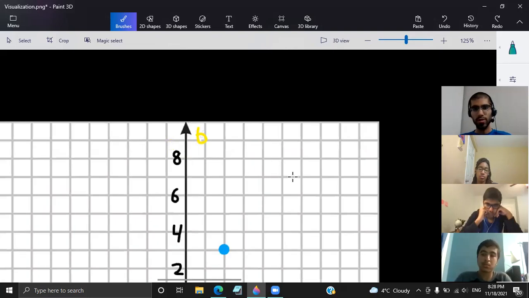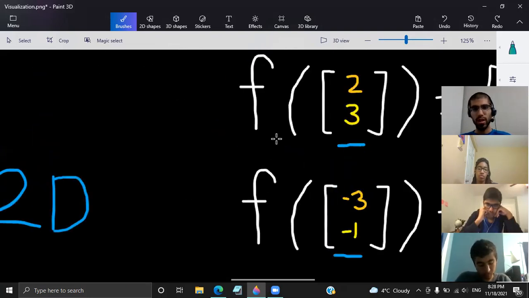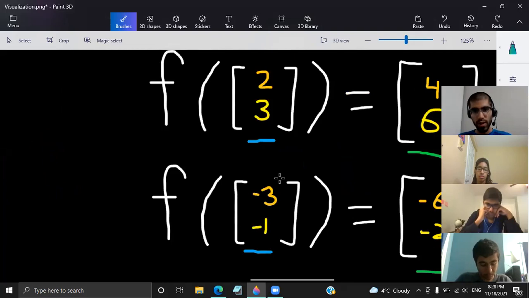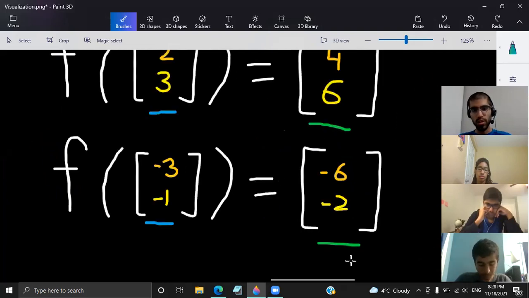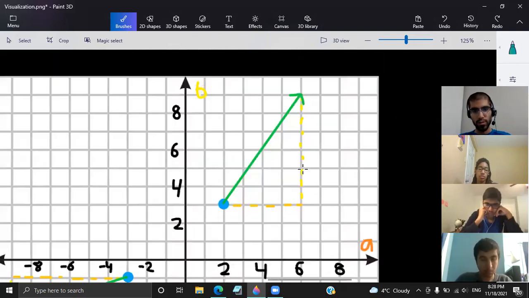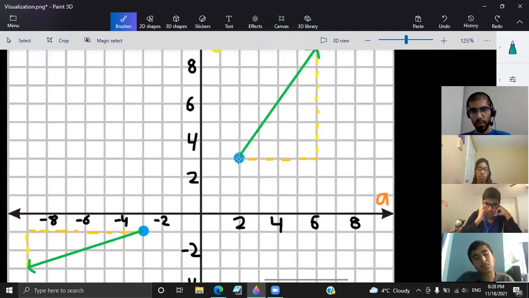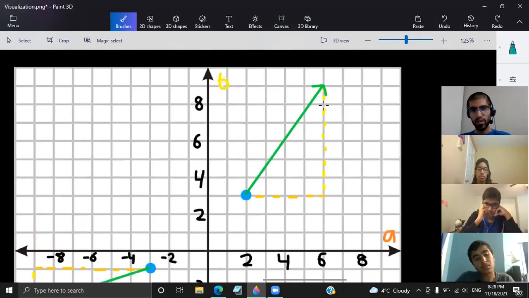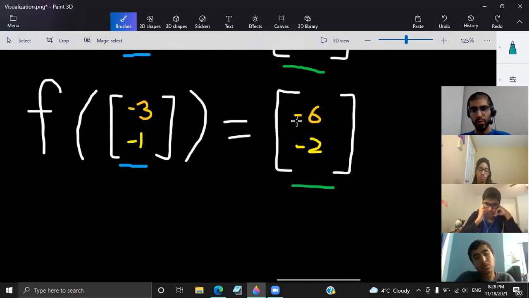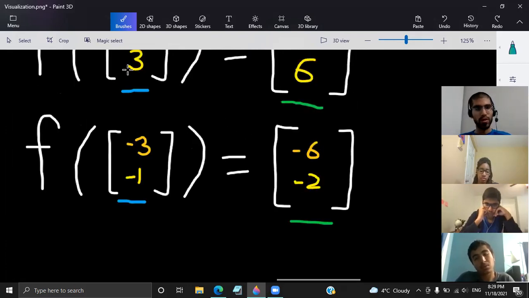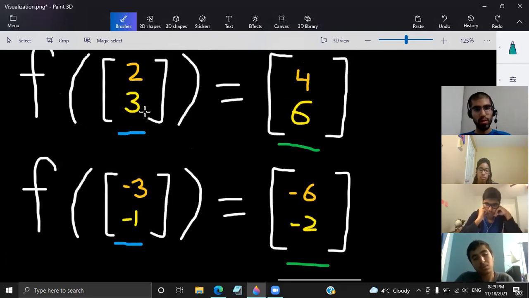Now for the outputs, here's what we're going to do. We're still going to use another equivalent way to represent vectors, but we're going to do it in green here. We're going to make arrows. So the blue thing is the input, and on top of that, we lay a vector. The vector is the output. So let's focus on 2, 3 for a second. Again, we double.